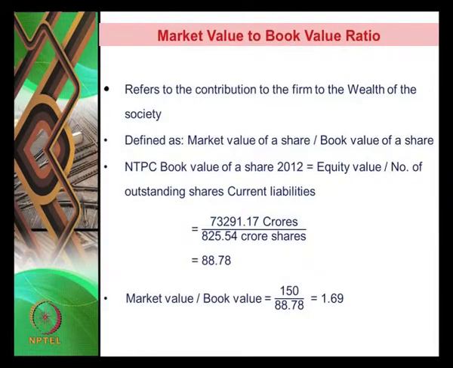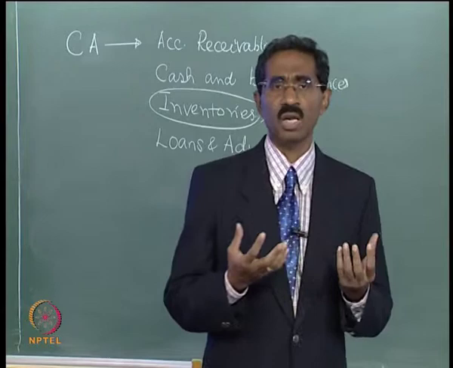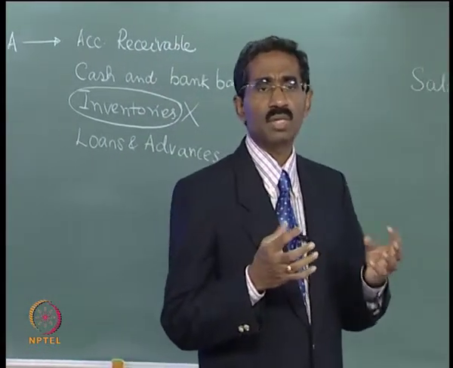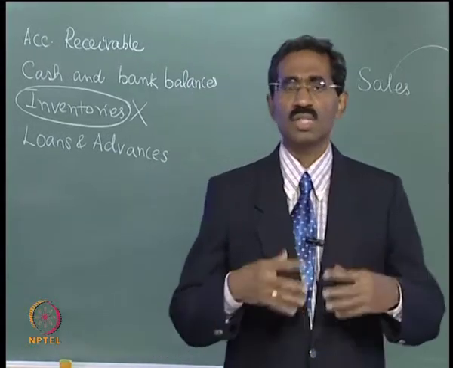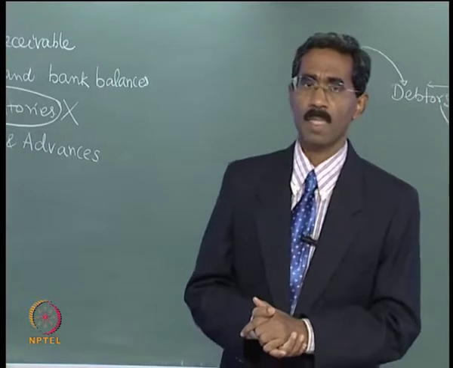Another indicator of valuation is what is called the market value to book value ratio. Essentially, this ratio refers to the contribution of the firm in generating wealth to the society. Now, the company has taken investment from various shareholders, and the amount in the balance sheet reflects the total sum that the shareholders have invested in the company.